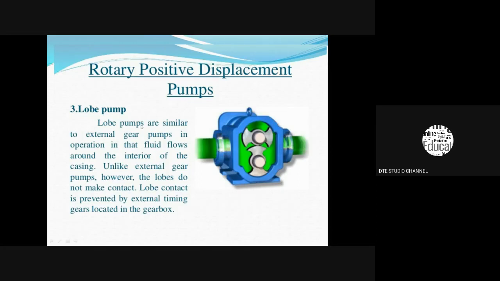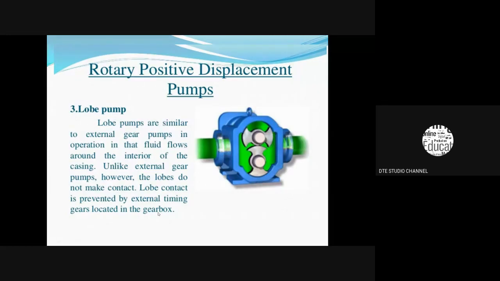The lobe pumps are similar to external gear pumps in operation, in that fluid flows around the interior of casing. Unlike external gear pumps, however, the lobes do not make contact. This is very important. There is no direct contact of lobes. Lobe contact is prevented by external timing gears located in the gearbox, because fluid should not enter the middle of lobes.